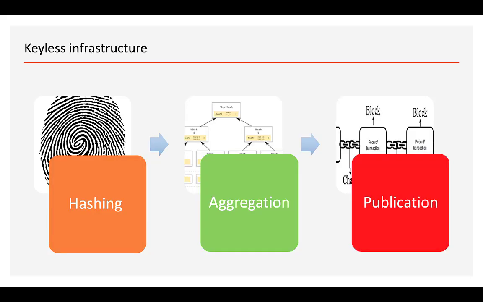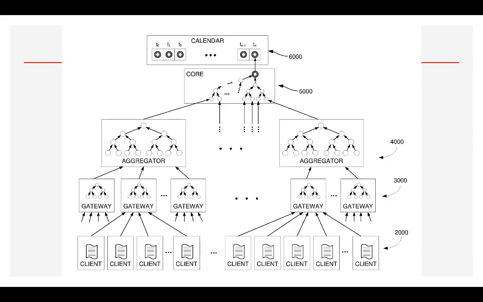It's based on the idea of hashing, aggregation of hashes in the form of a hash tree, kind of like a Merkle tree, and then publication of root hashes. So what does that mean? Say you have all these government organizations.